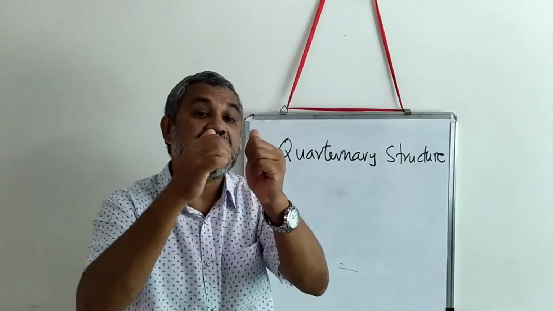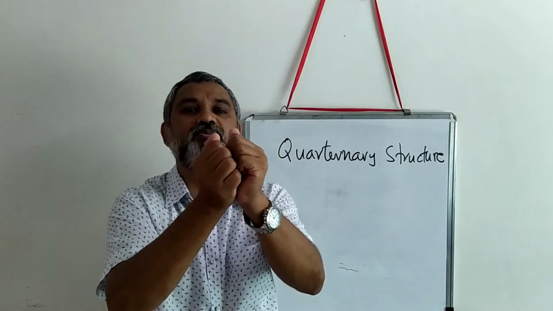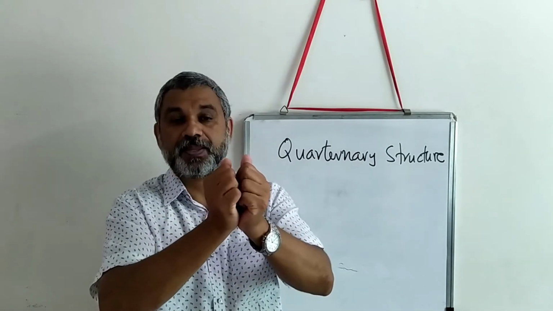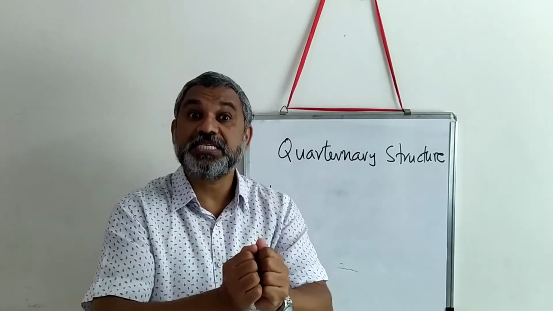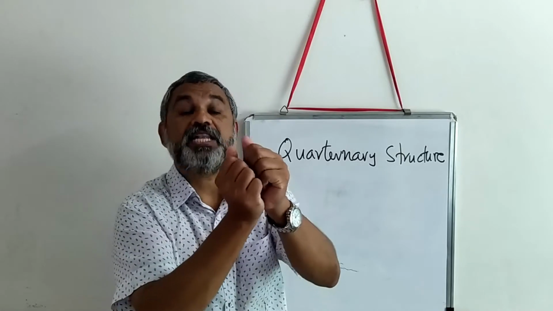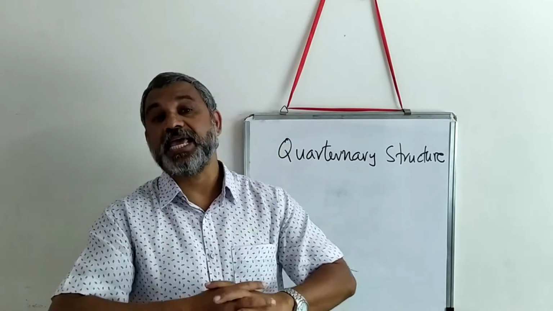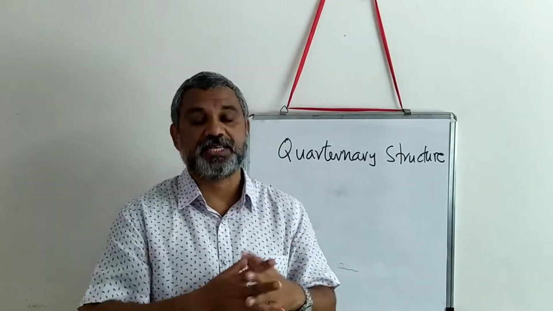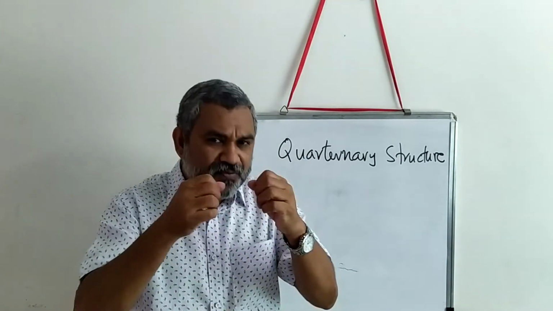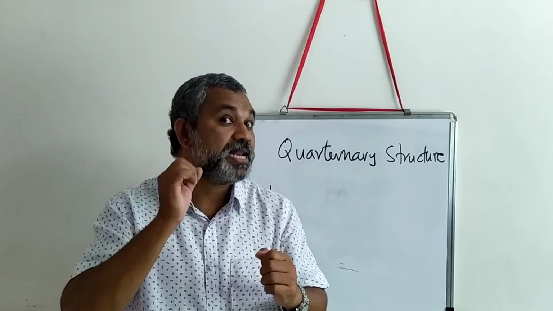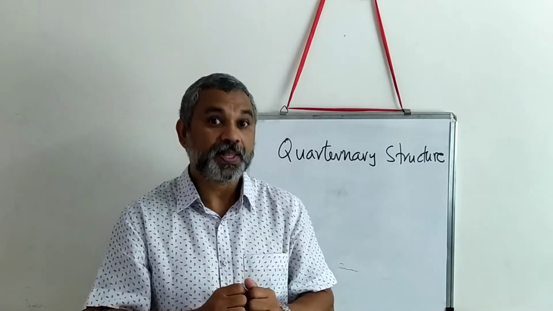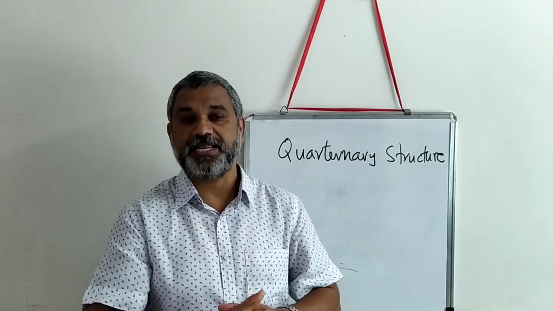If the active site is formed between these two units, it gives a greater advantage. The advantage is, number one, a greater surface area for binding with the substrate molecules. You will see that this is very clearly applicable in the case of DNA binding enzymes. It gives a greater surface area.